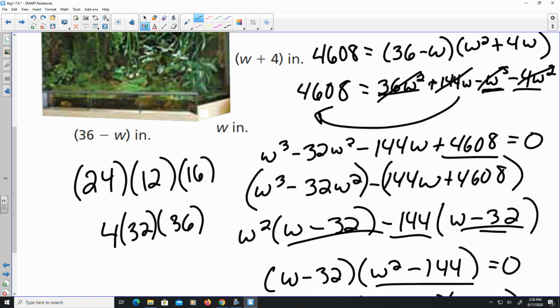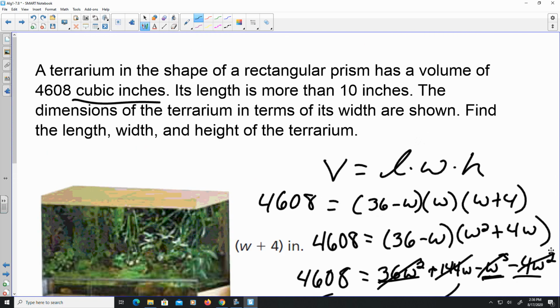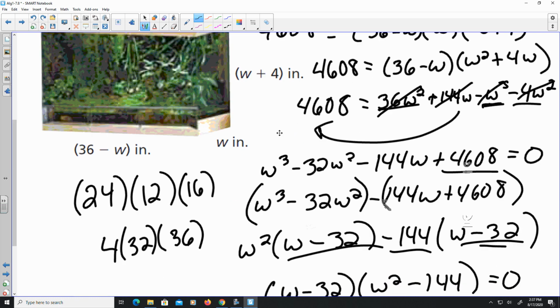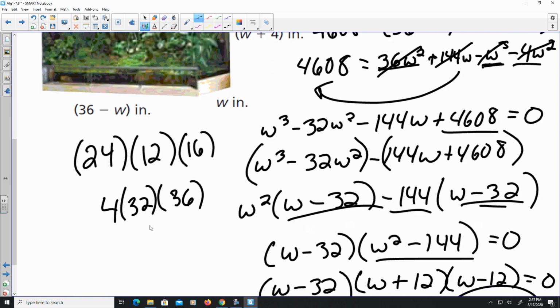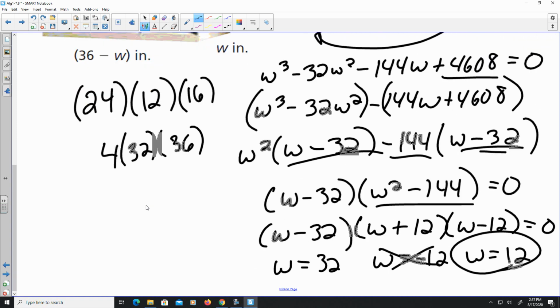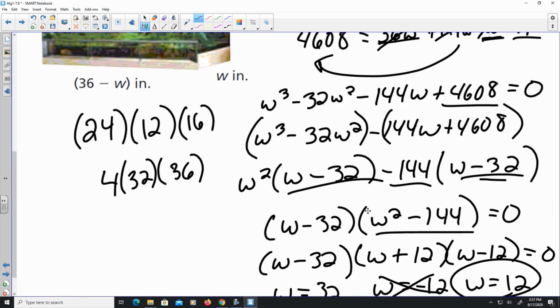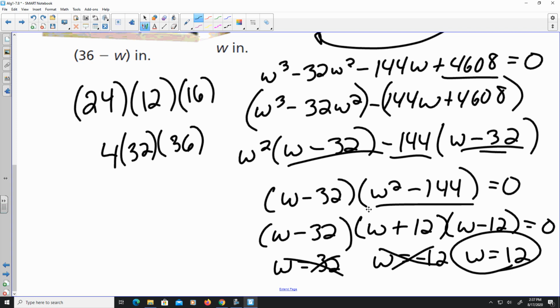That's also 4608, but you know that the length is 10 more inches. If you look at this here, it says the length is more than 10 inches. So that wouldn't work out. So the only one that makes sense given the parameters would be the 12. So W would have to equal 12.